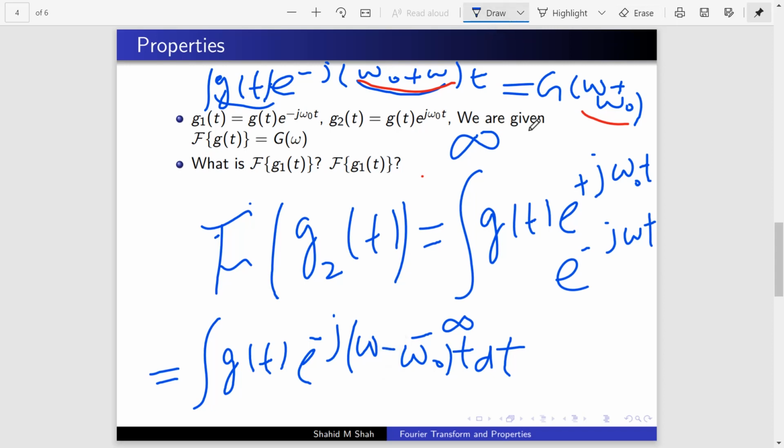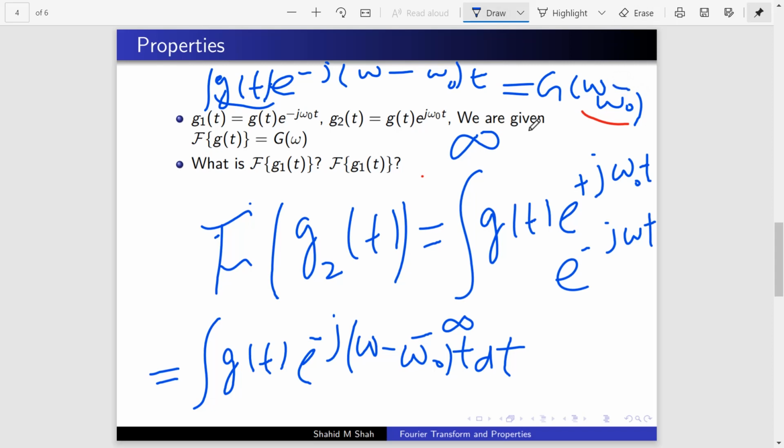Do you agree, all of you? Nice. So here also I will modify, then it will become omega minus omega naught t. Hence the Fourier transform will become g of omega minus omega naught.